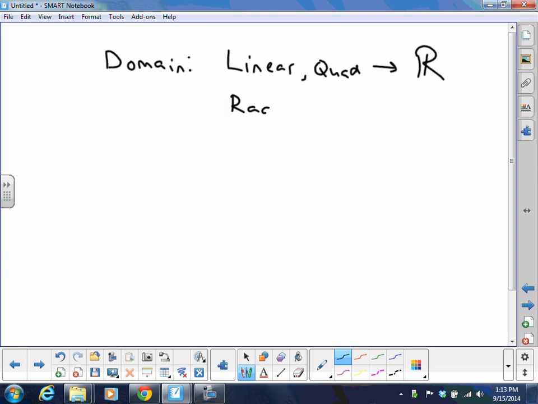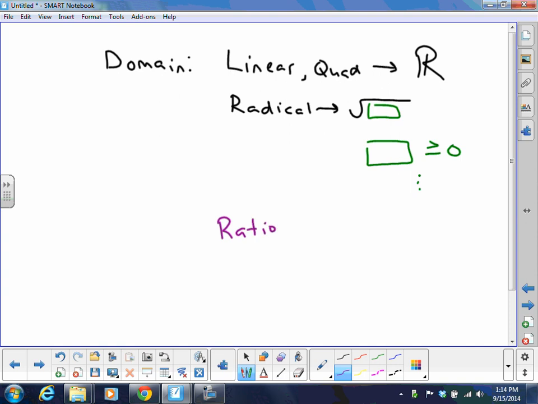If it's a radical function, if it's the square root of something, you need to set whatever's under there greater than or equal to 0 and solve it to get your domain. And if it's a rational with a fraction, let's say you have something over something else, you need to just take the denominator and figure out what would make it 0, and those things would be out of your domain.